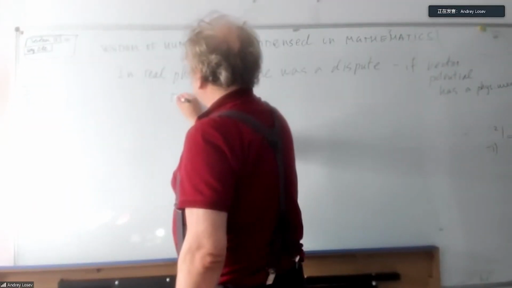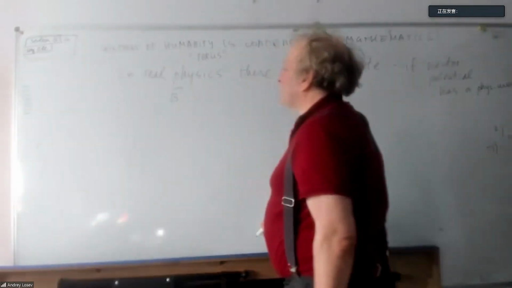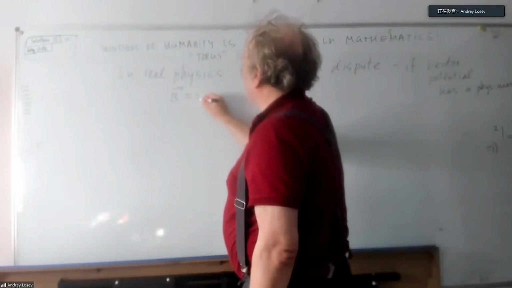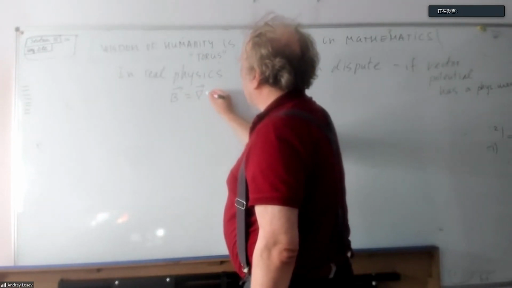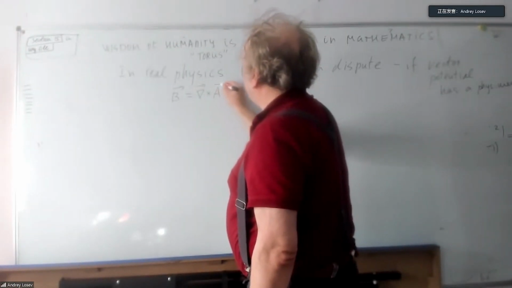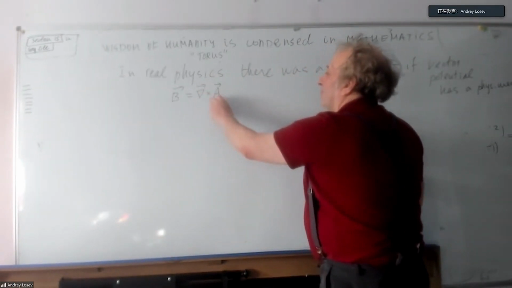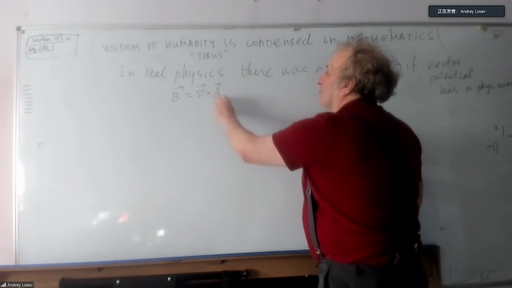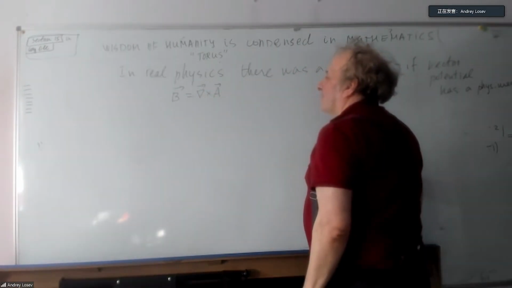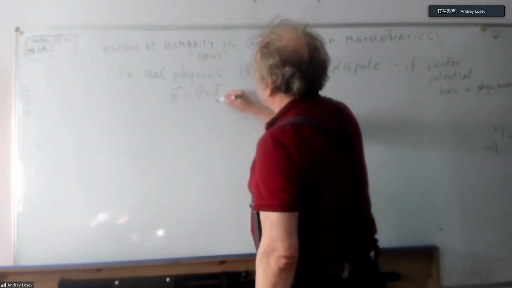So there was a magnetic field. And magnetic field is known to be the rotor, the curl, of the thing called vector potential.